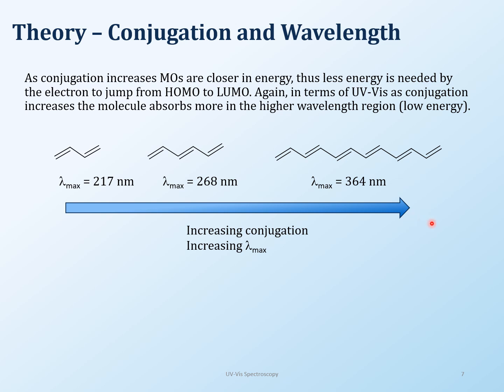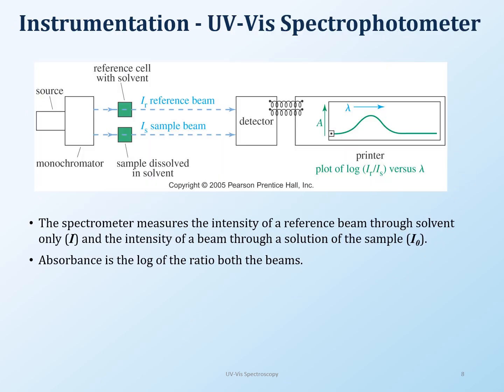So not everything has to be conjugated, but conjugation does help. The more the conjugation, the more the double bonds, the less energy is required. Higher wavelength means less energy. Smaller wavelength, higher energy. This is more towards the ultraviolet. This is more towards the visible region.